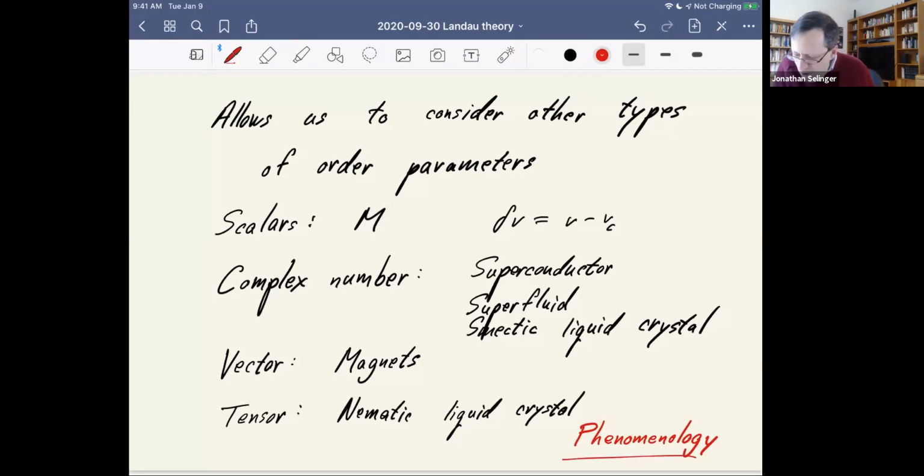So the word phenomenology means just making up a theory based on what we can see, that is order parameters, without knowing about the fundamental ingredients in the world, the atoms or molecules or electrons or whatever it might be.